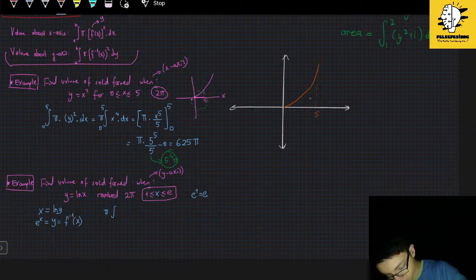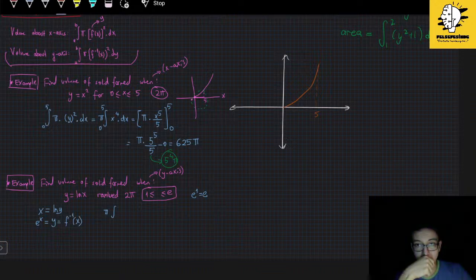It's pi, and if you take the integration of it, it is e to the power of 2y. And let's take the integration for that. And it is the integration for e to the power of 2y, and we have 2 here, and also over 2. Okay? And we put our limits.